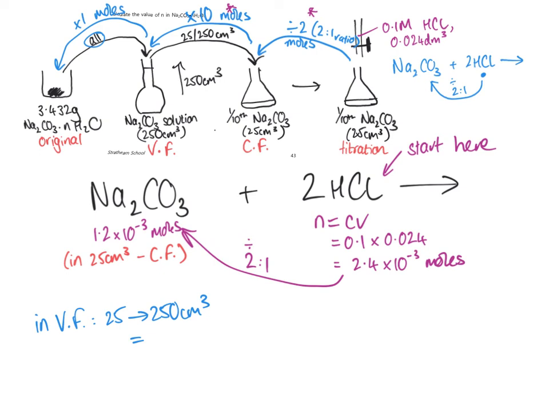So in order to work out how many moles I have in the volumetric flask, I take my 1.2 times 10 to the minus 3 that I know I have in my conical flask. I times it by 10, and that gives me 0.012, or in other words, 1.2 times 10 to the minus 2 moles. So I know I have 0.012 moles in my volumetric flask.